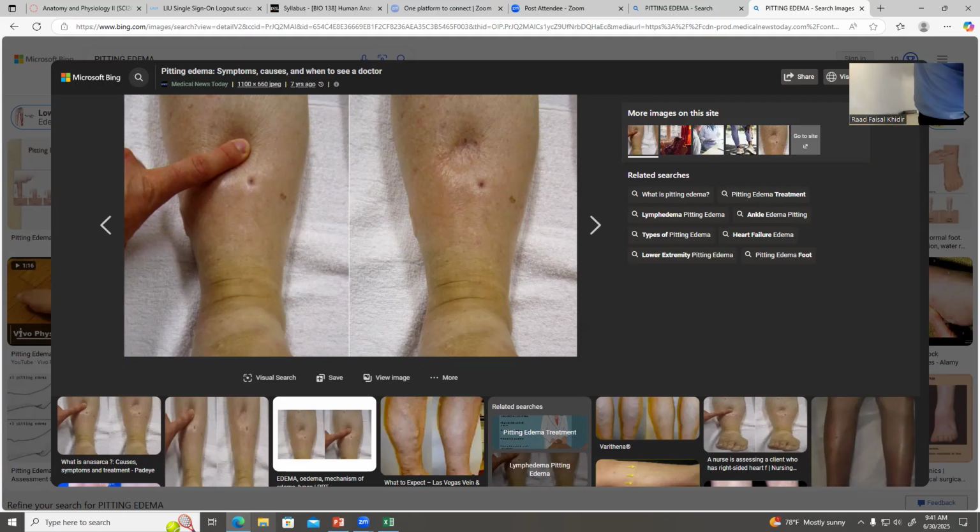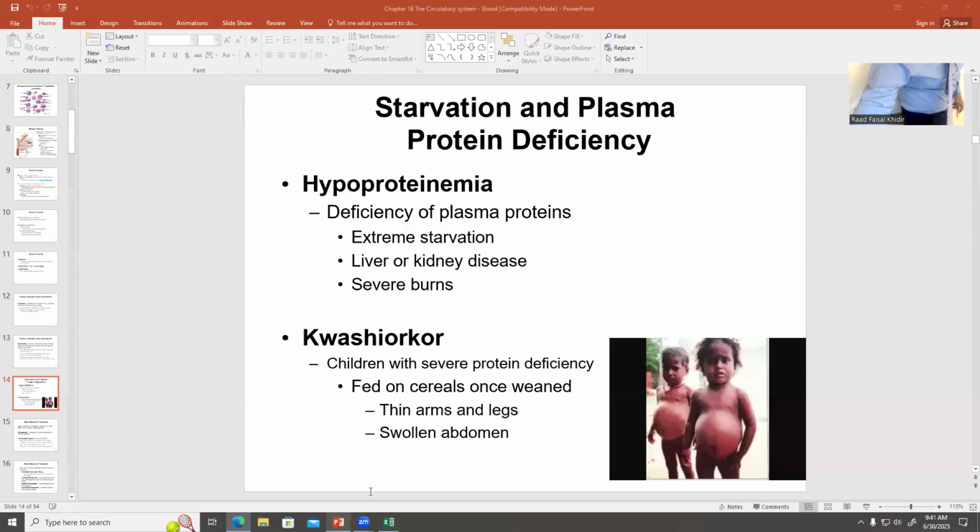So why did these babies have big bellies here? What's happening here is because they are so impoverished. They are so starved. They're not eating. Their blood doesn't have any protein. This is called hypoproteinemia.